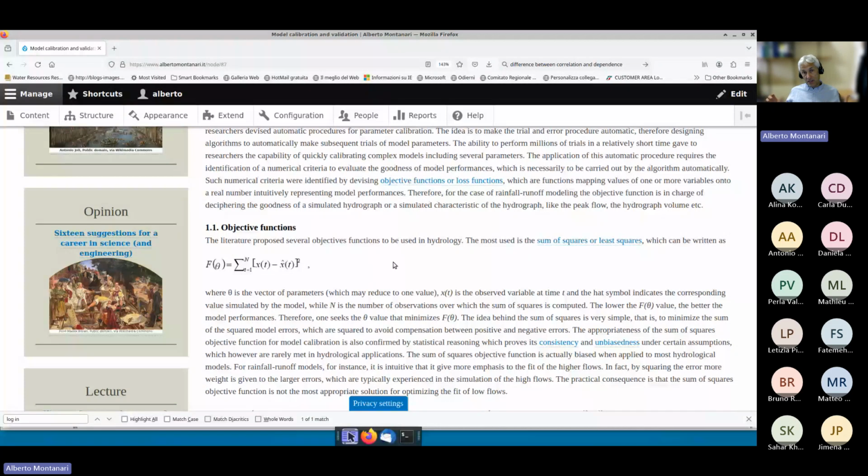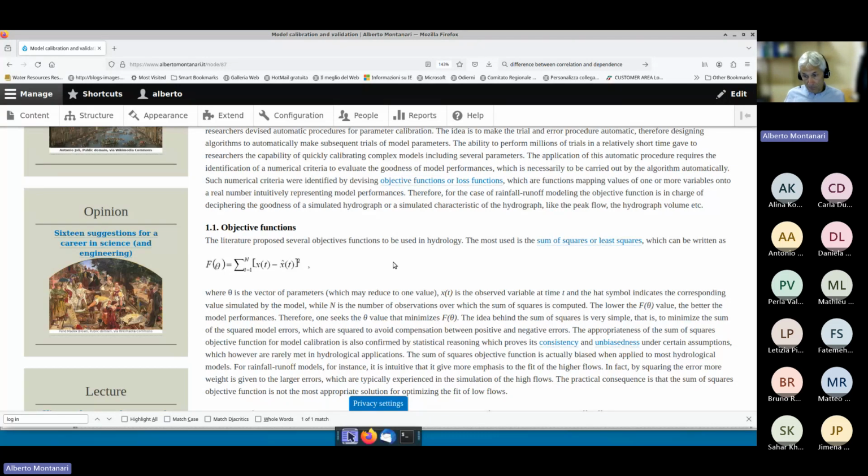On the other hand, we said if we are interested in modeling the low flows, droughts, if we are interested in water resources management, which is typically conditioned by low flows, then the least squares objective function is not the best choice.